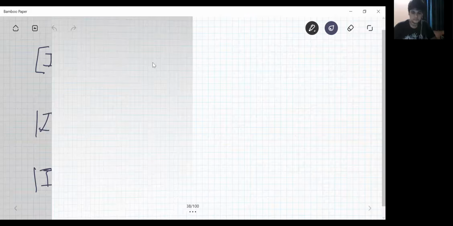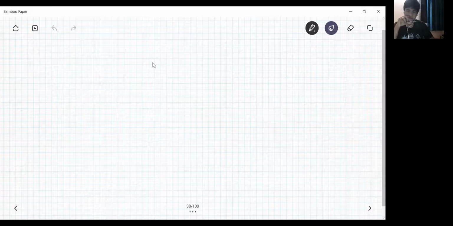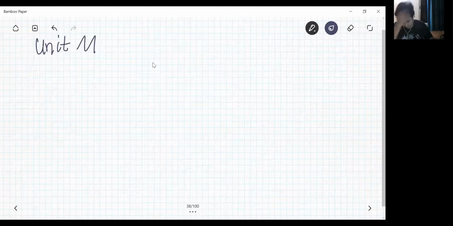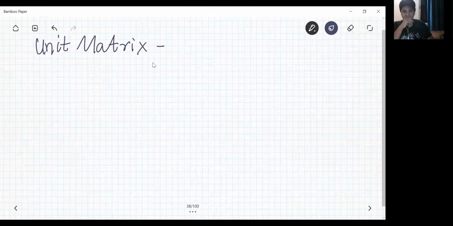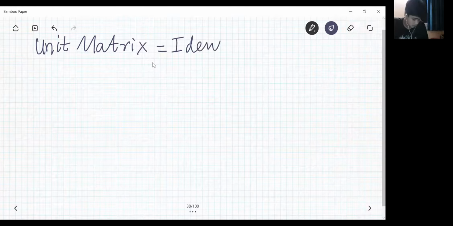So this matrix in which principal diagonal elements are 1, 1, 1 and others are 0 is called a unit matrix. It is also called identity matrix.